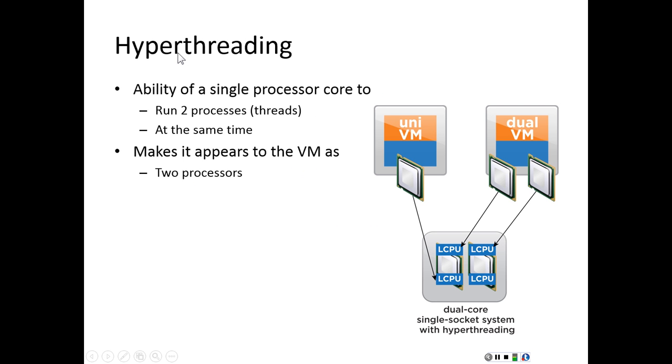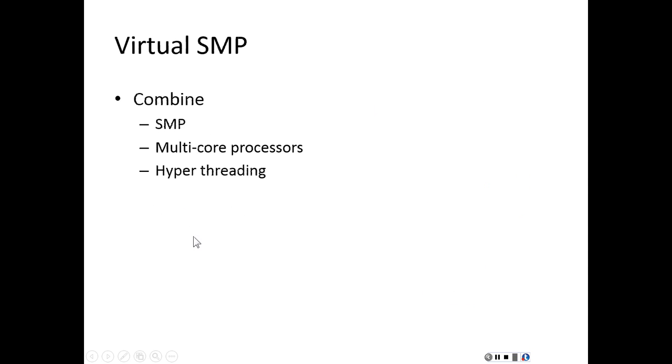Hyper-threading makes one processor appear as if it's two processors to a virtual machine. And of course you have to enable hyper-threading in the system BIOS as well as in the ESXi host configuration.